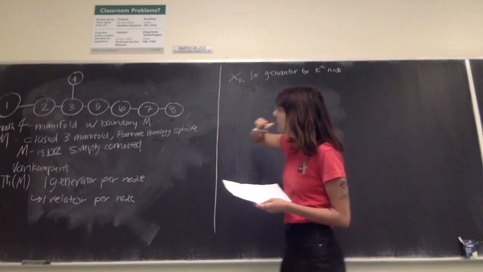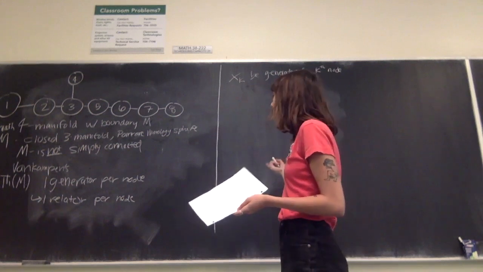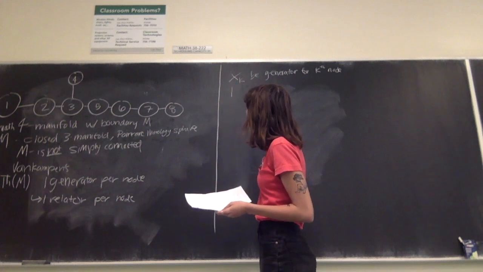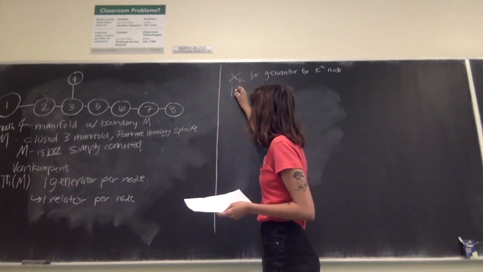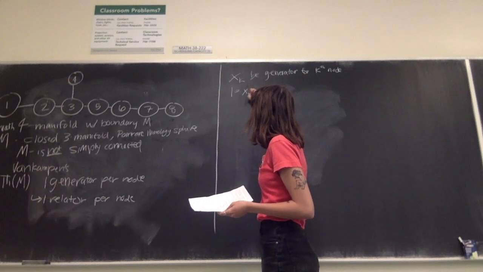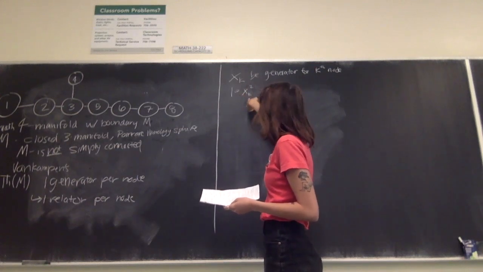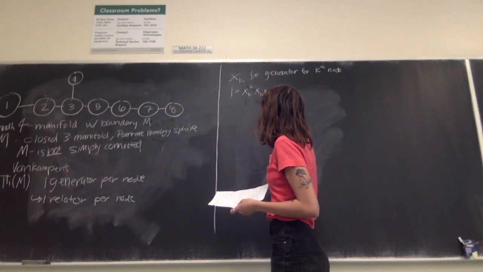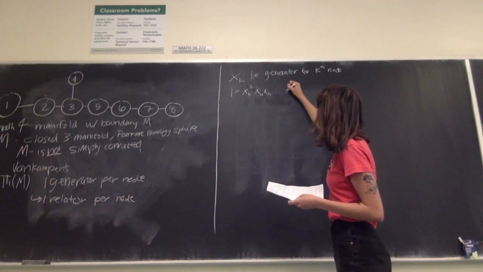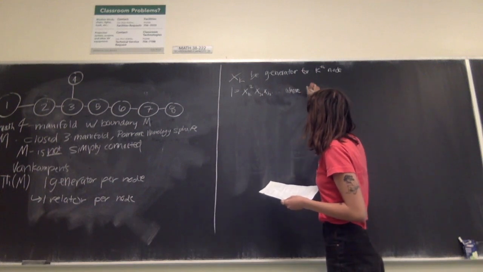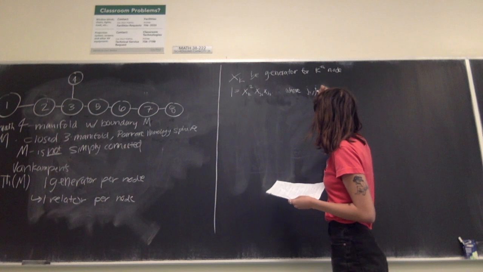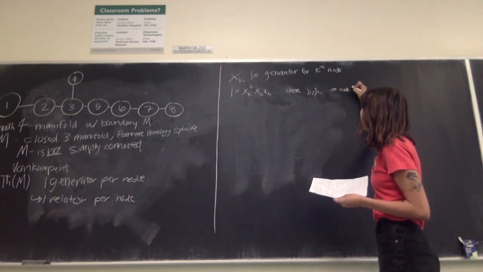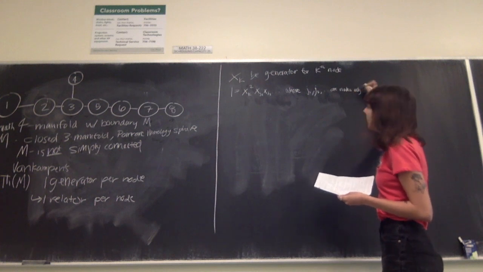And then for each node, we're going to have an equation for the relator where 1 equals x_k squared times x_j1, x_j2, on and on, however many you need, where j1, j2, on and on, are nodes adjacent to the kth node. That is getting small.